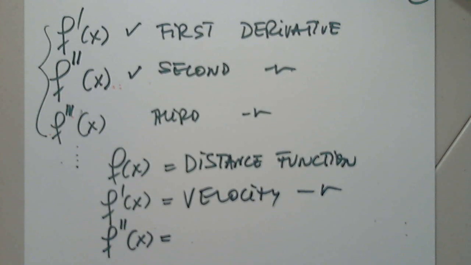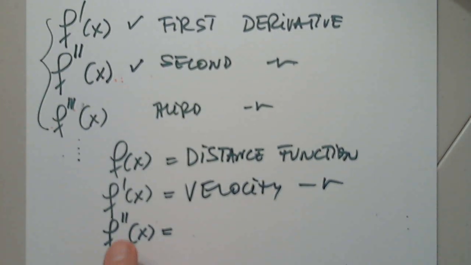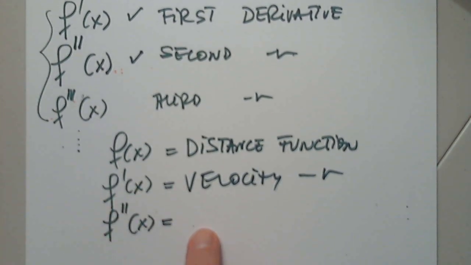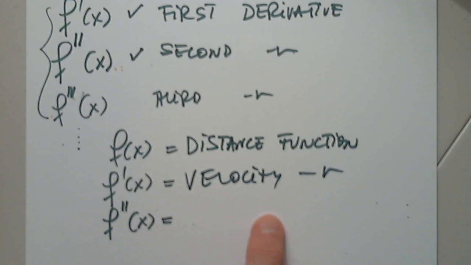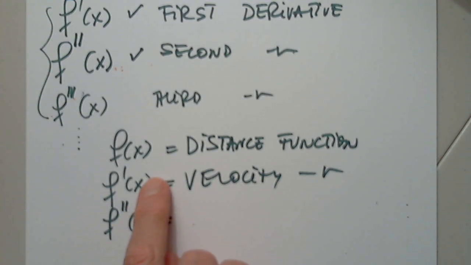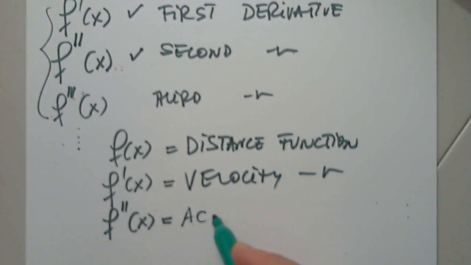Velocity function, of course. Now, what is the rate of change of this function with respect to time? How do we call this one? The rate of change of velocity. Yeah, acceleration.